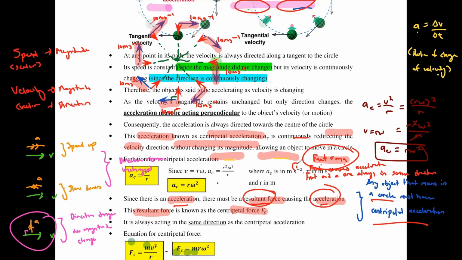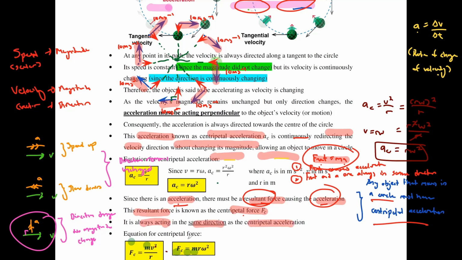This is the first fact that we know. And then the second fact that we need to know is that net force and acceleration are always in the same direction. So for the cases now, we determine that there is acceleration, so there must be a resultant force. The resultant force is centripetal force. And additionally, that force, the centripetal force, must always be acting in the same direction as your centripetal acceleration.